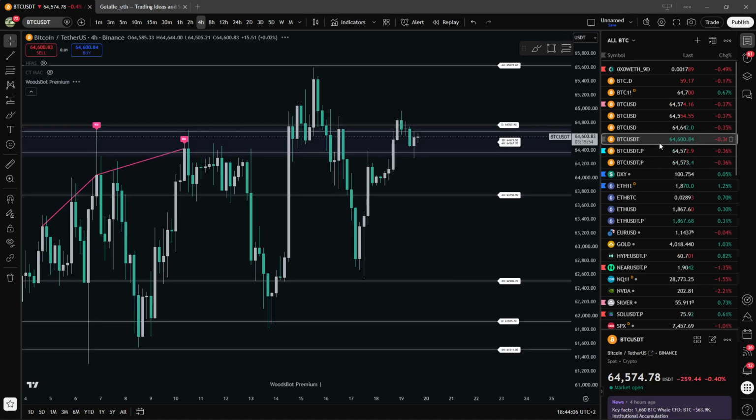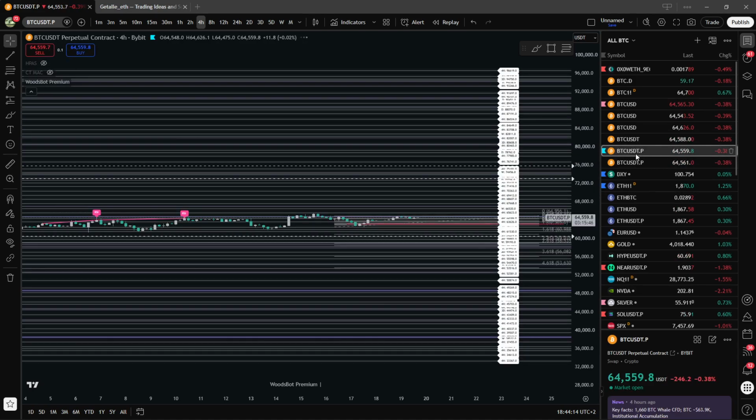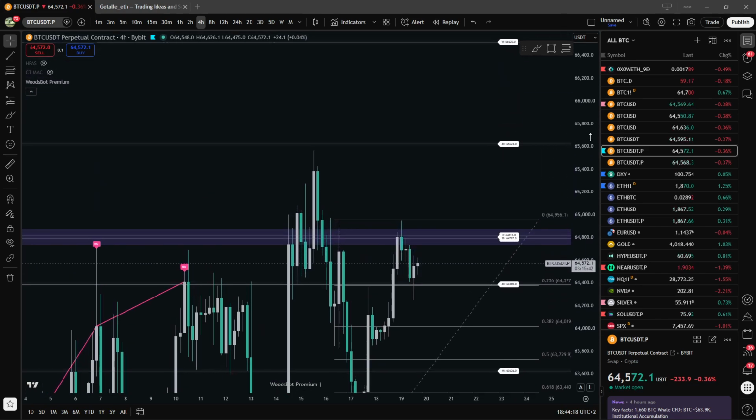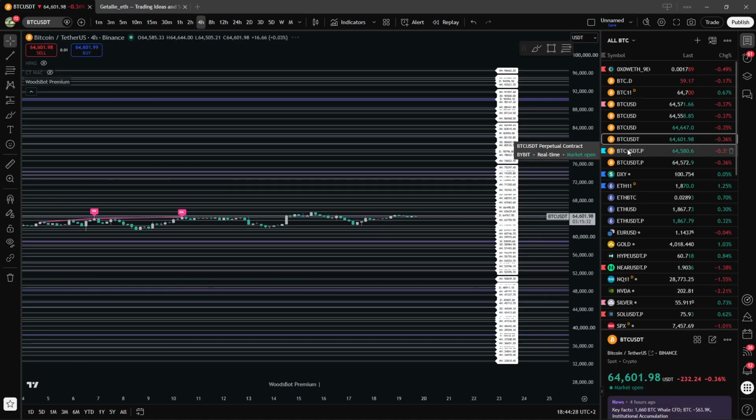Does Binance have such a different price action? Well, now I'm even more confused. Do I trust Bybit now, or do I trust Binance?